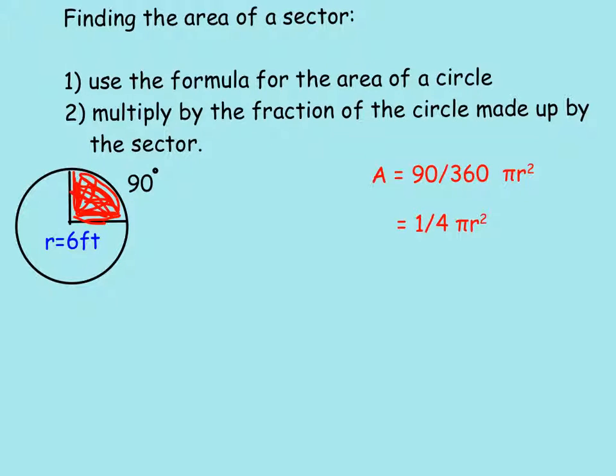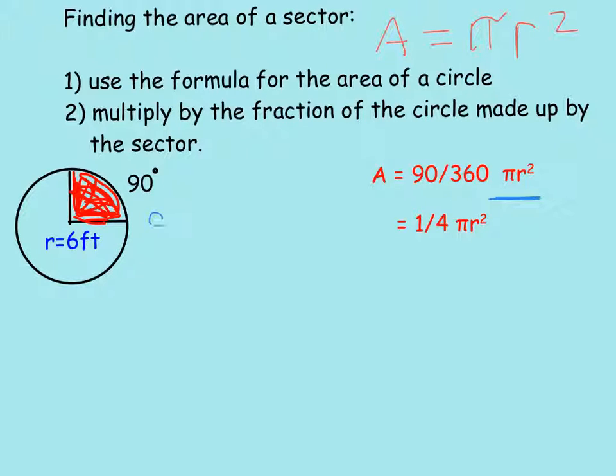So on this side, we're using a formula to try and find the area of a sector. So we're going to modify the area of a circle. The area of a circle is area equals pi times r to the second. And as you can see, we're using that here, but we also have to find the fraction of the circle that we're using. In this case, they're saying it's 90 degrees.